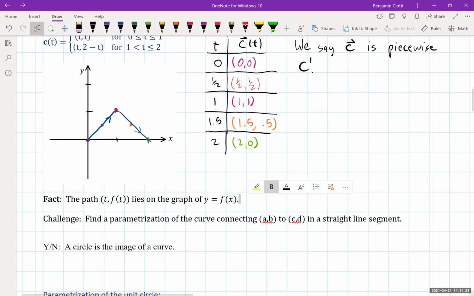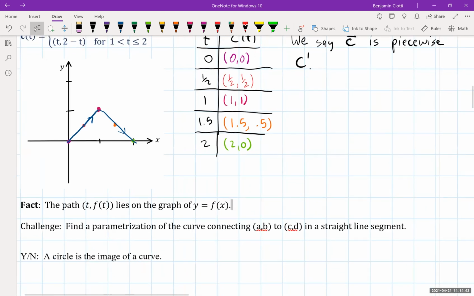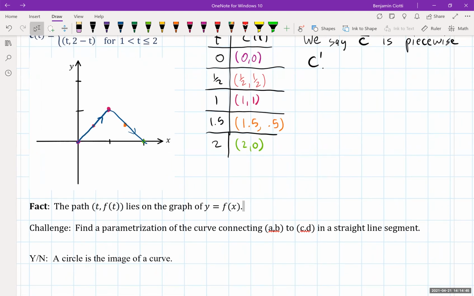Yes or no, folks? Is a circle a curve? Okay. Yes, it is.